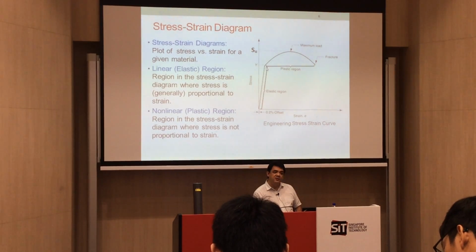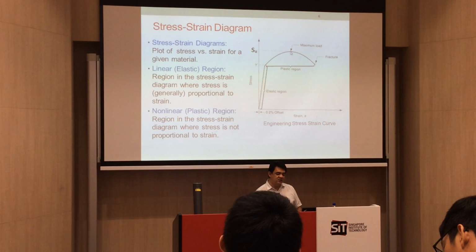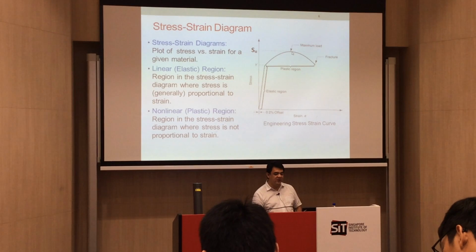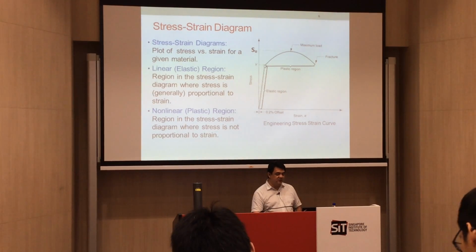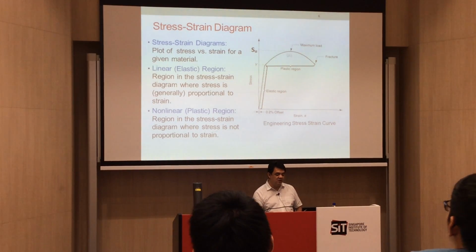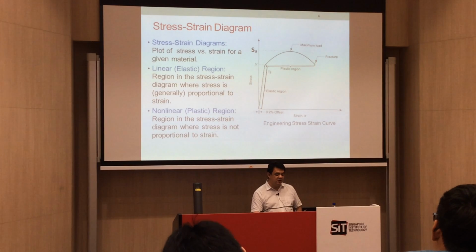Normally you get the yield here, and this is your ultimate, and then this is when your material fractures. The ultimate strength is where you have the maximum load. This area is your plastic region, while this area is your elastic region.